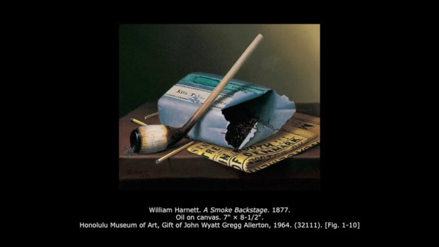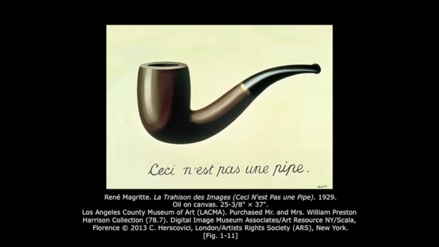This also inspired a surrealist painter named Rene Magritte when he painted this piece, and the title of it is "This Is Not a Pipe." And what he was doing was making a commentary about the relationship between art and reality. So just because something looks very much like something else that doesn't necessarily make it that thing.